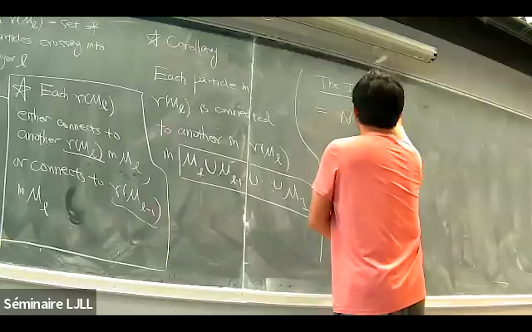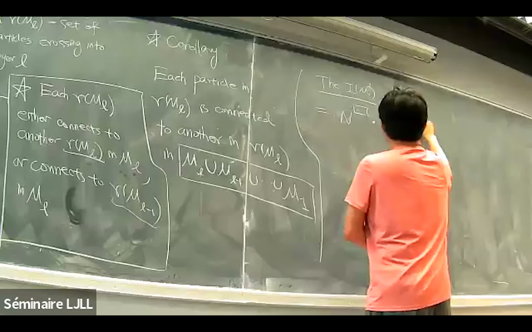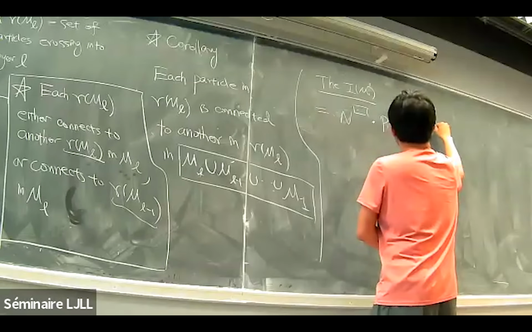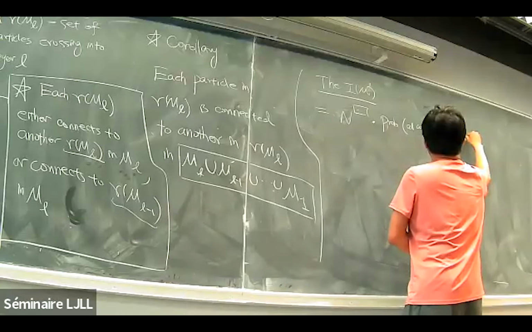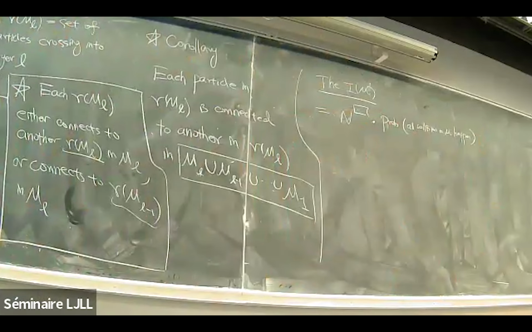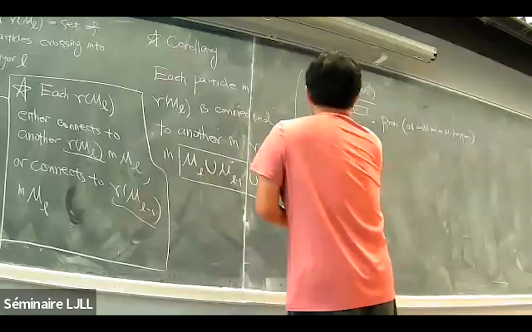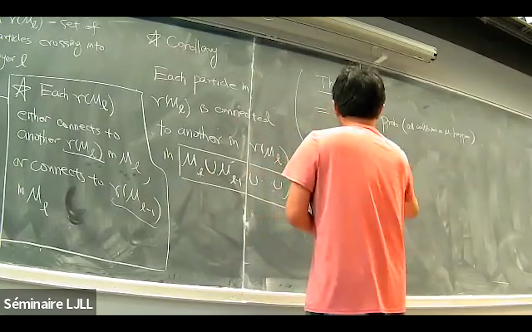The important thing is this integral, the probability that all collisions in M happen. And now this probability, we can write it as an integral. This is n to some power times the integral.